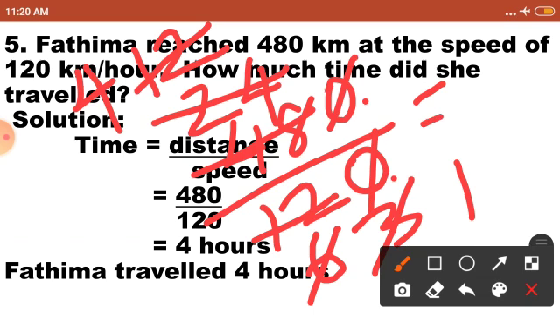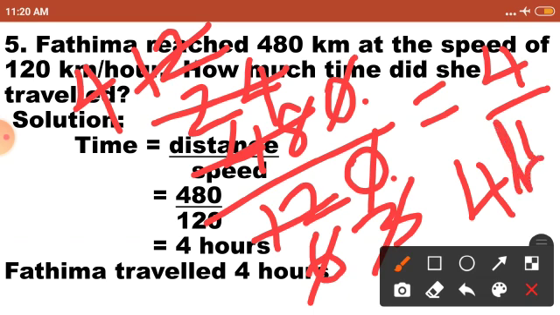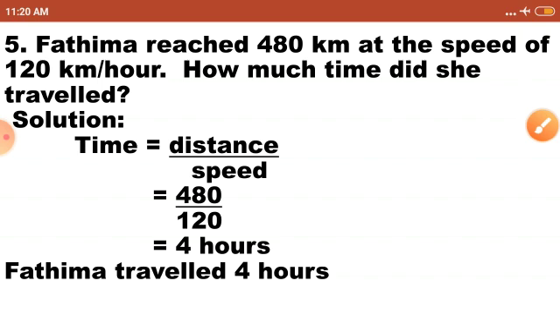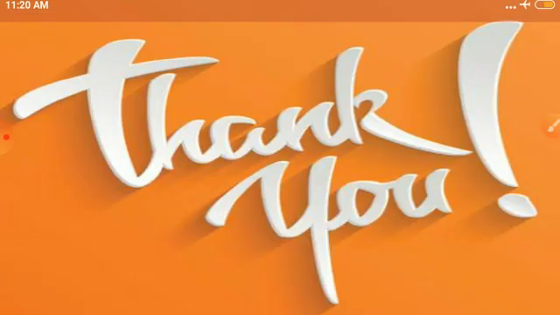So now numerator's place we got 4 and in the denominator's place 1. So 4 divided by 1 means the answer is 4. This is time, so we need to put the unit, that is hours. So 4 hours is the answer. So Fatima travelled for 4 hours. Thank you.